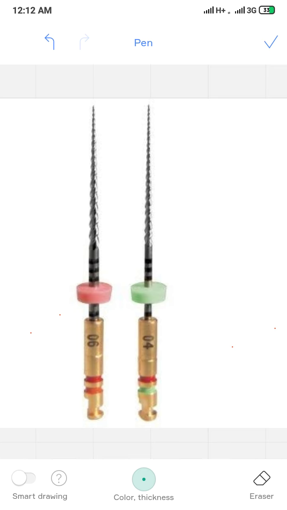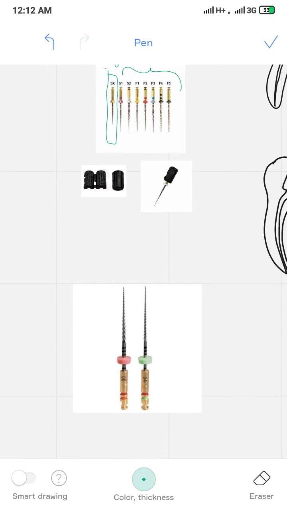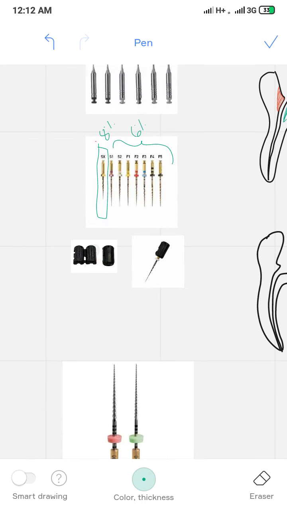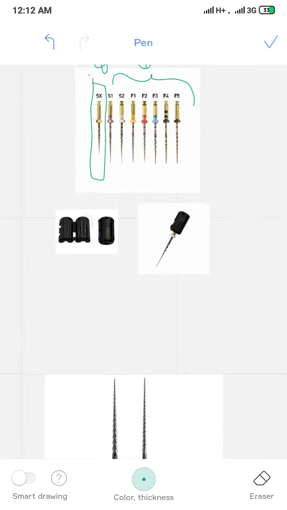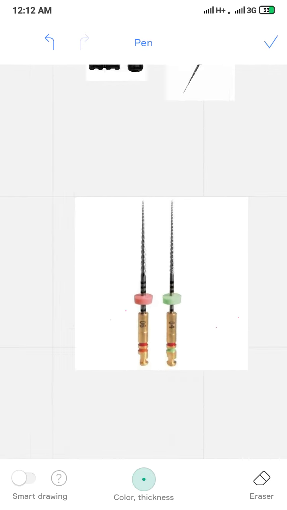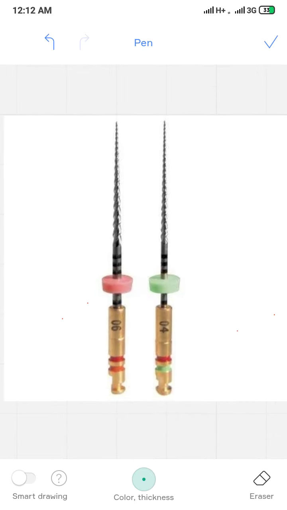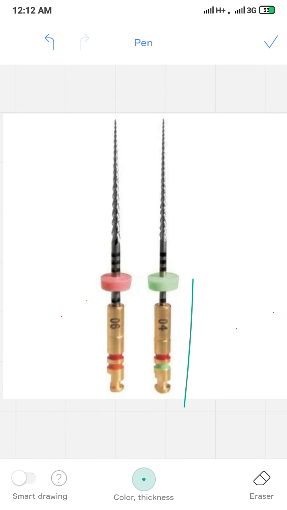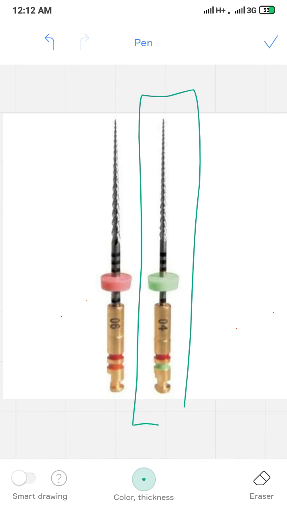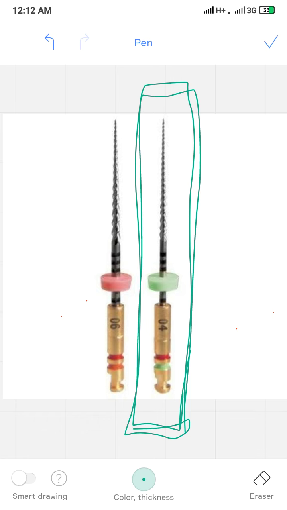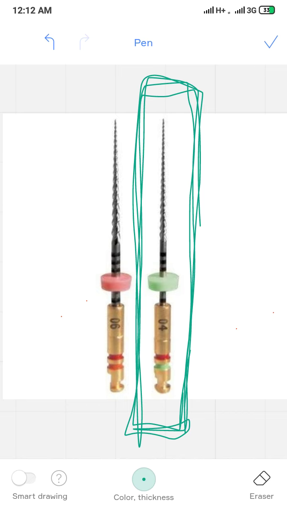files. So the ProTaper I showed you earlier is 6% taper. The normal hand files we use are 2% taper, but in between there is also another file system that is 4% taper. These 4% taper files are actually like a middle ground. With 6% taper, you remove a lot of tooth structure.